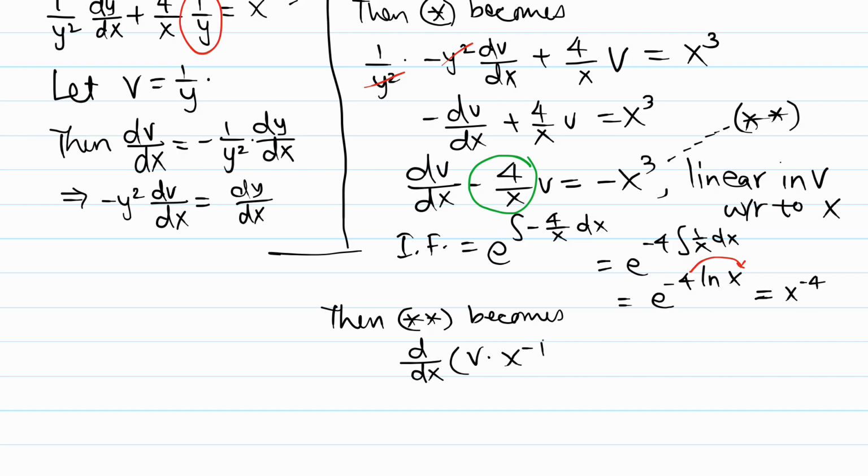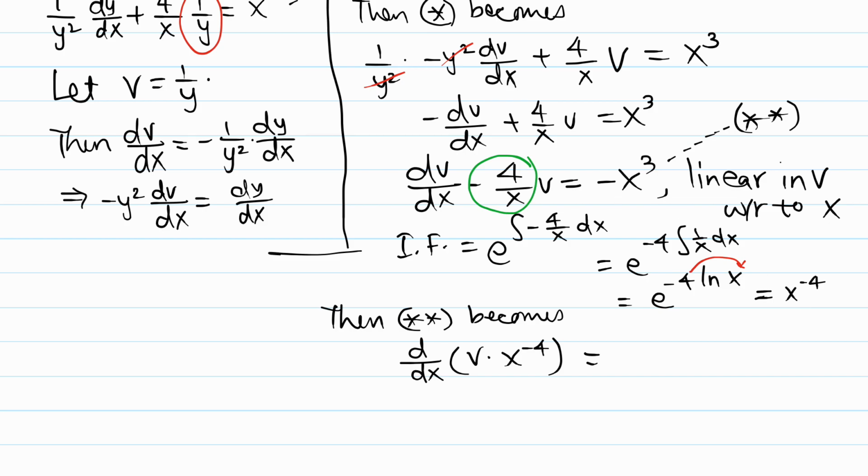That will always be the case. When we have a linear ODE and we find an integrating factor, then we multiply through by the integrating factor. The left hand side automatically becomes the derivative of a product, which is the dependent variable, in this case v, times the integrating factor, is equal to, let's multiply the right hand side.